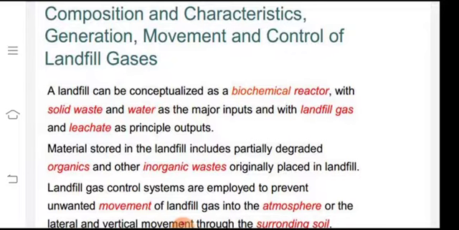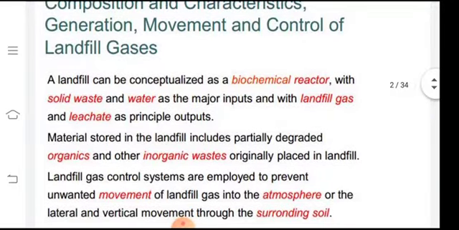Thirdly, there is an output in the form of leachate and landfill gases. So this comprises a complete reactor. That's why we can call our landfills a biochemical reactor.